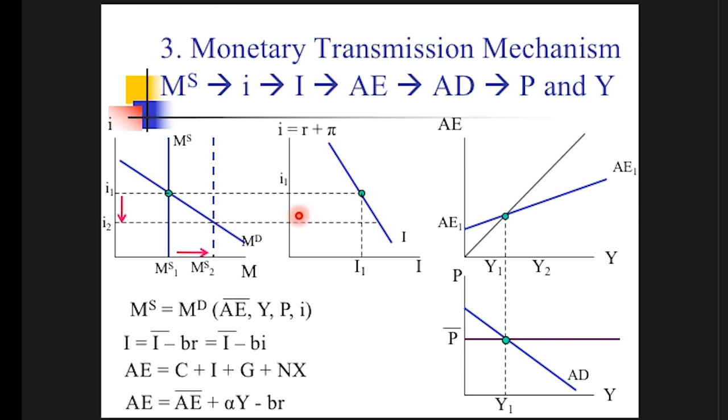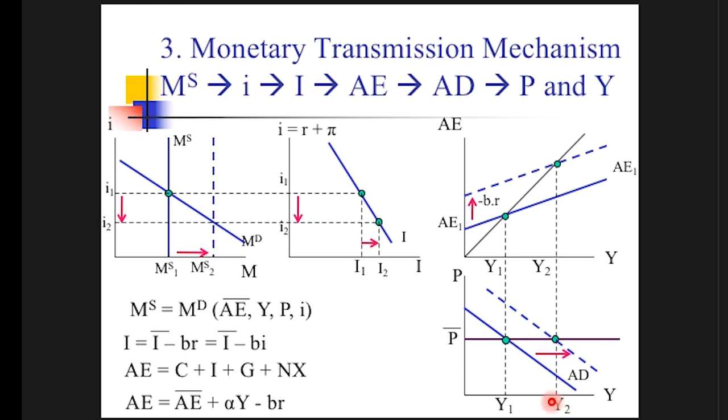And if interest rate is lower, firms will have to pay less when they borrow money, so they will borrow more, and investment increases. When investment increases, the aggregate expenditure in the economy increases, and it makes GDP increase. So finally, we can see that if we increase the amount of money, investment increases, and we may have higher GDP.